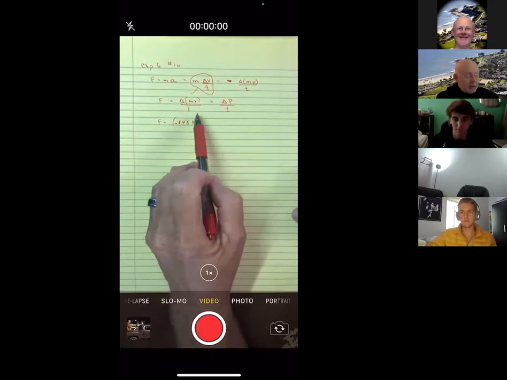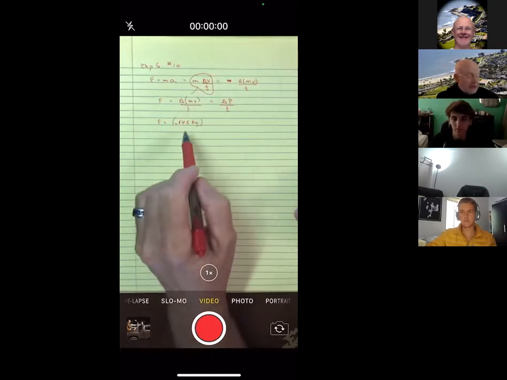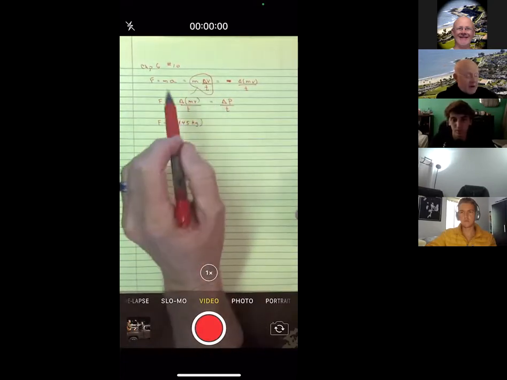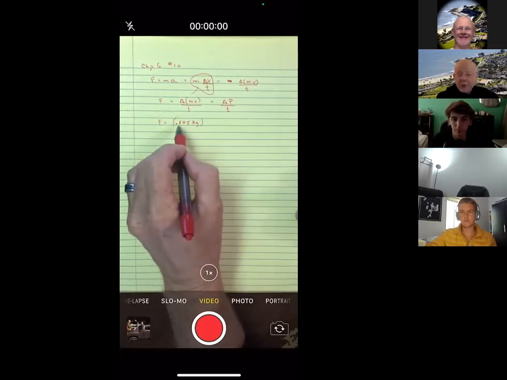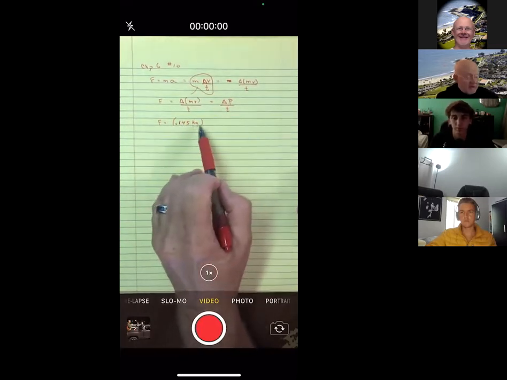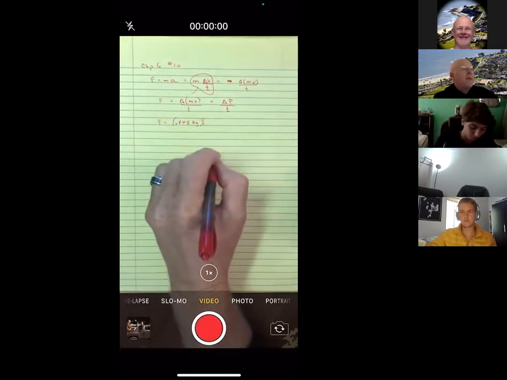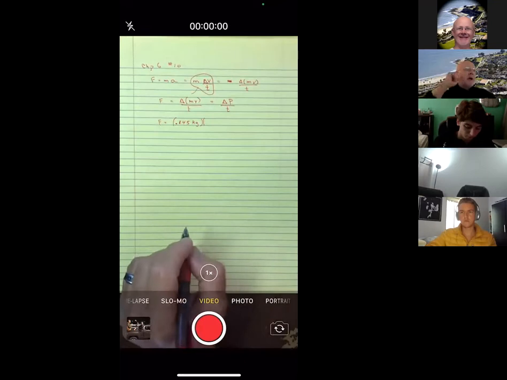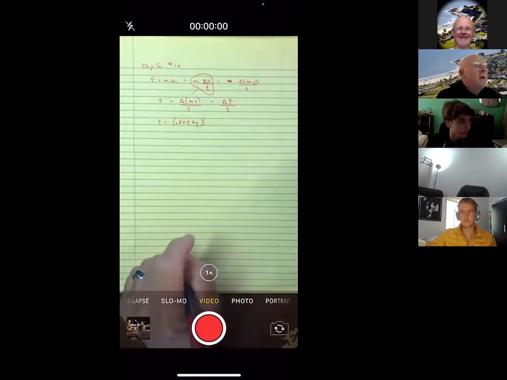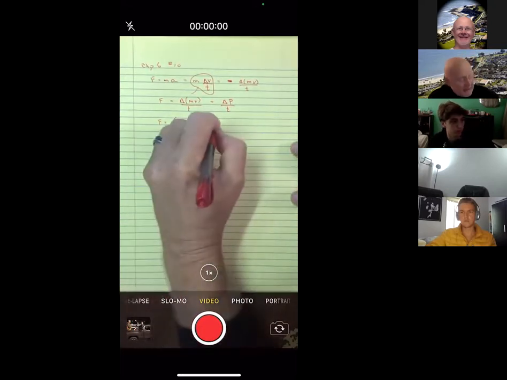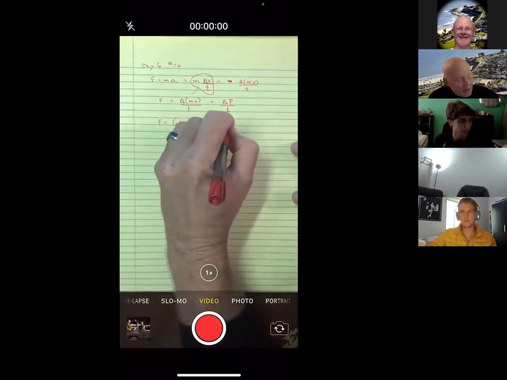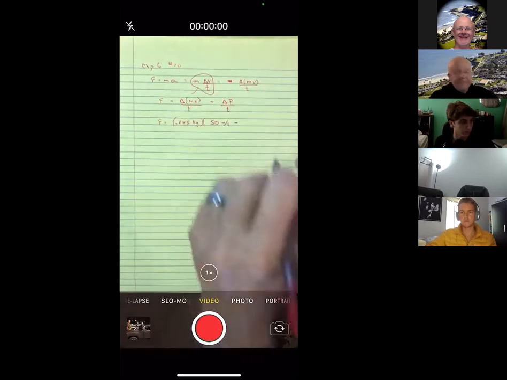So let me do a little bit of conversion and take that 145 grams and move the decimal 3 so that I have 0.145 kilograms. So there's the mass of it. Then I'll do the final speed minus the initial. Now it says it leaves the bat at 50 meters per second. Good.